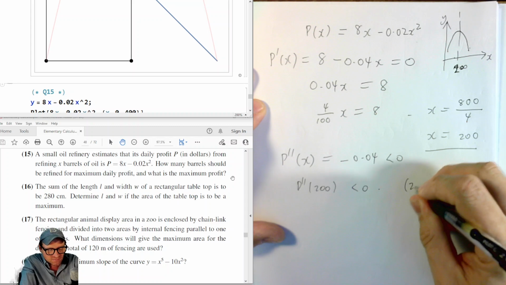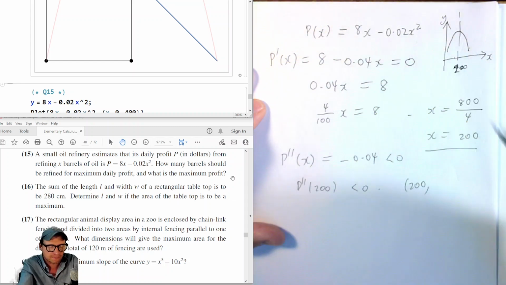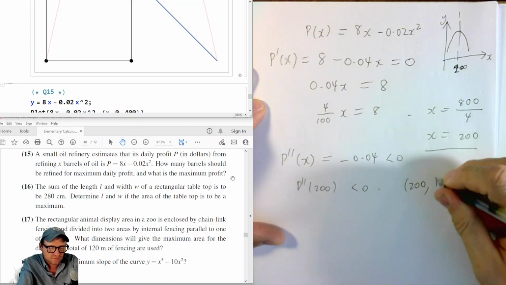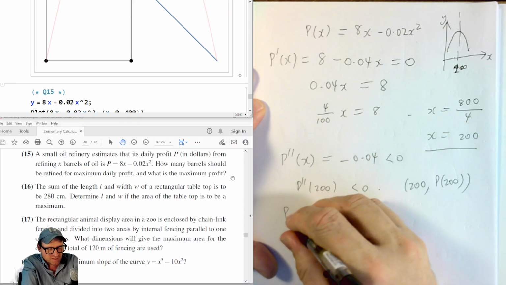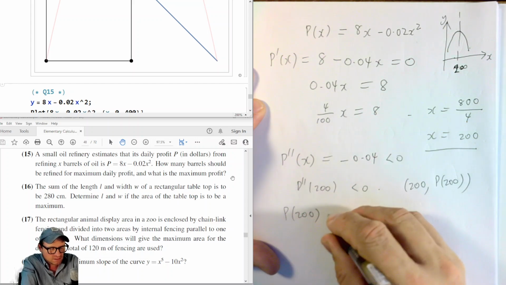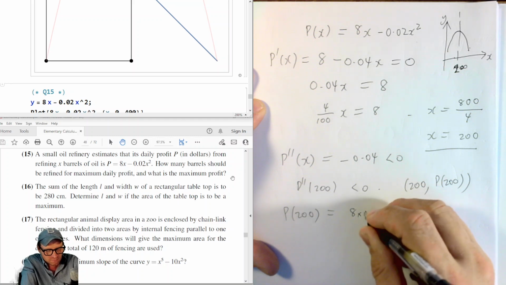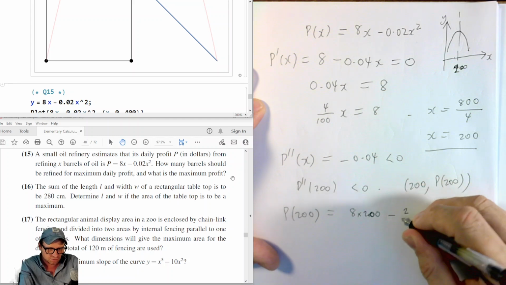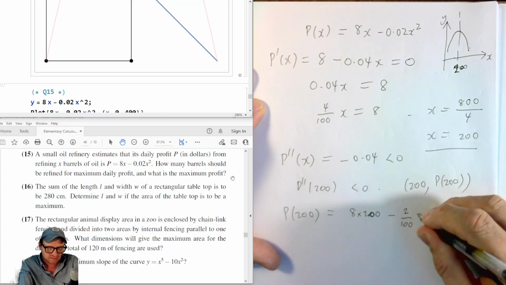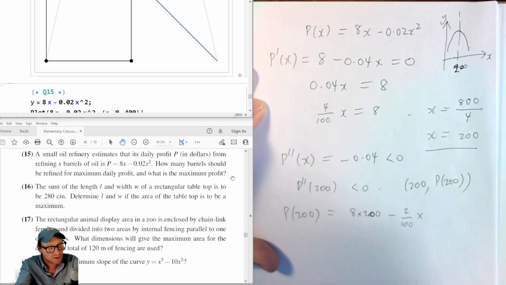So the point 200, comma, now what is this when x is 200? It's P of 200. So P of 200 is equal to 8 times 200 minus 2 over 100 times, because 0.02 is 2 over 100.